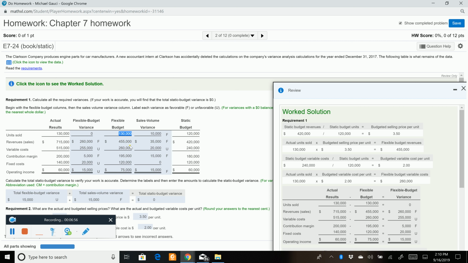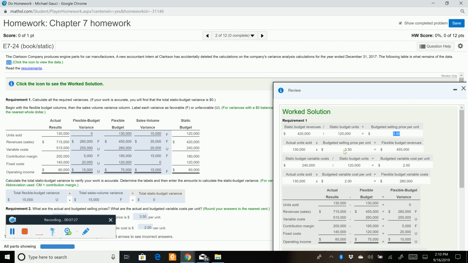So revenues. How do I figure out what the flex budget revenues are? Well, it's going to be the actual units sold, which in this case was 130,000 units, times our original budget for sales price. Well, originally, if we had $420,000 in our expected revenue divided by 120,000 units, our budgeted sales price is $3.50.